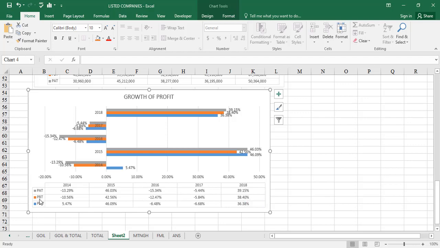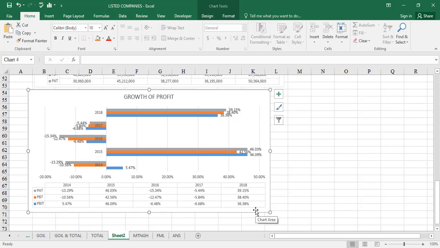Now if you look at the profit before tax, it also declined in 2014 by 10.59%. And then in 2018 it has increased by 38.4%. That is very, very impressive. If you look at what happened in 2016 and 2017, with 2018 being their best year, they've been able to maximize their profit after tax, profit before interest and tax, and profit before tax.